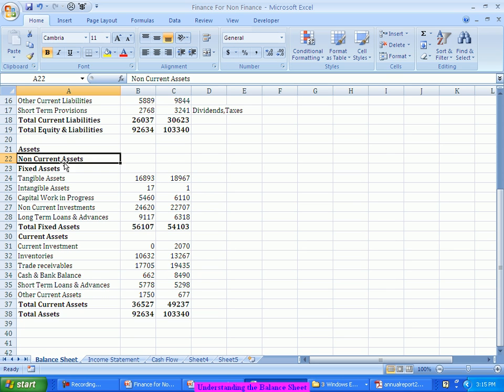Again, your investments are classified into two. Whatever are your assets, again we are classifying them as non-current and current. Non-current, again, tangible, like we have seen in that list: buildings, houses, plants, vehicles, they are all tangible assets.